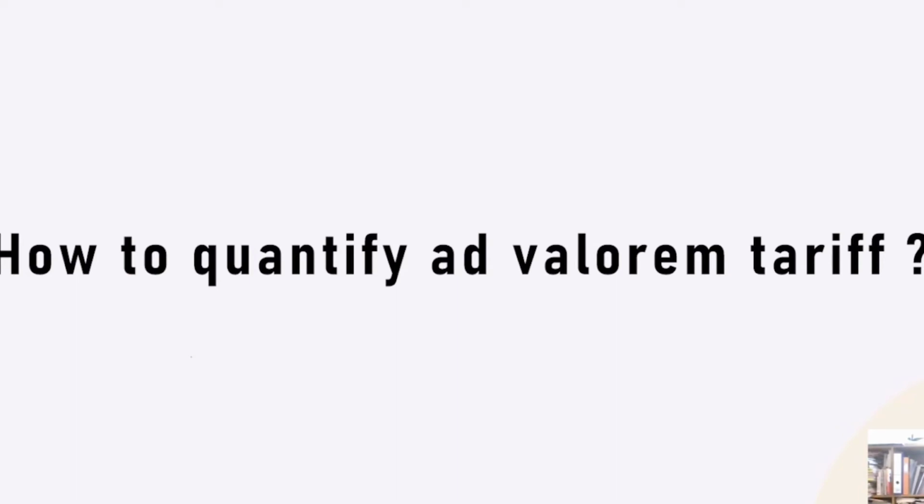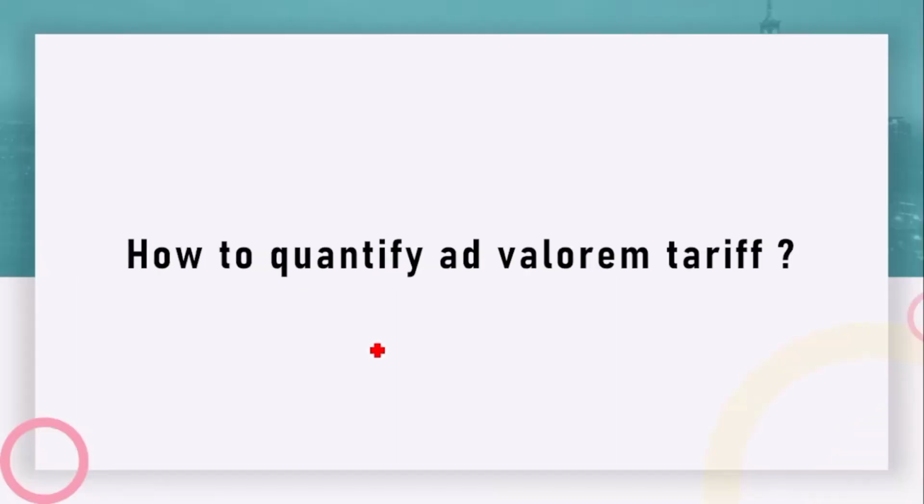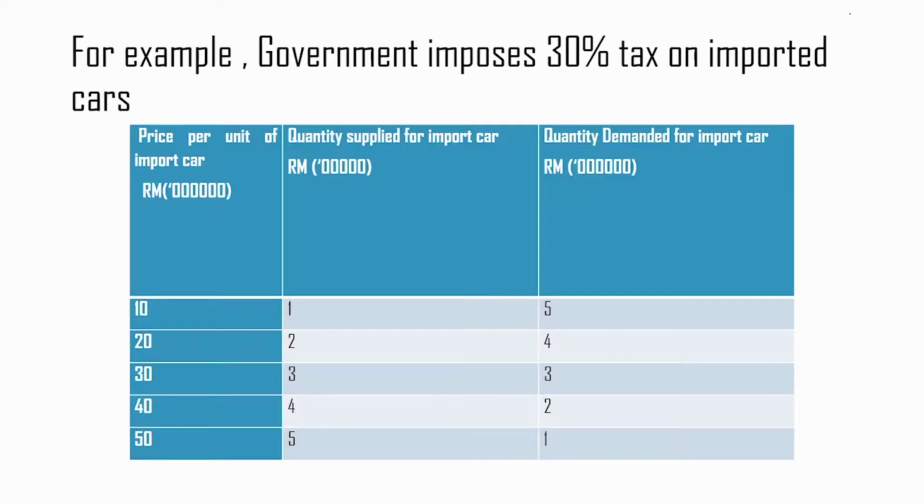How to quantify ad valorem tariff? The ad valorem tariff uses the price of the export goods or import goods times the tax rate. For example, the government imposes a 30% tax on imported cars, and we can get the tax collected by the government from the price of the car multiplied by the percentage the government imposes.